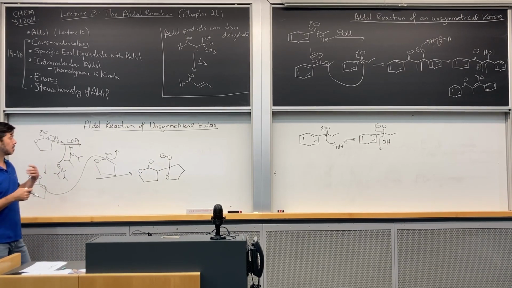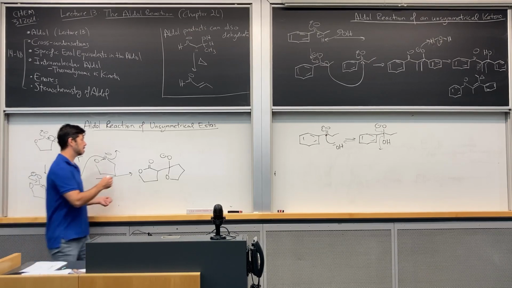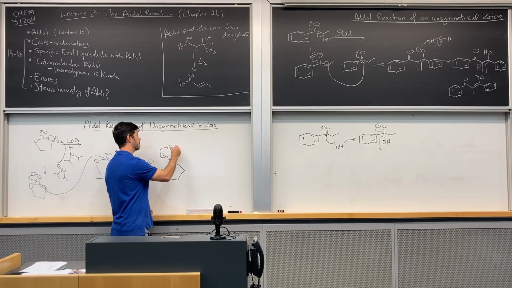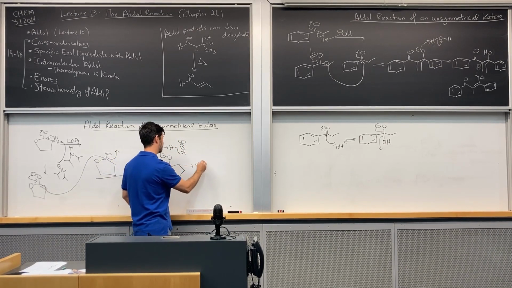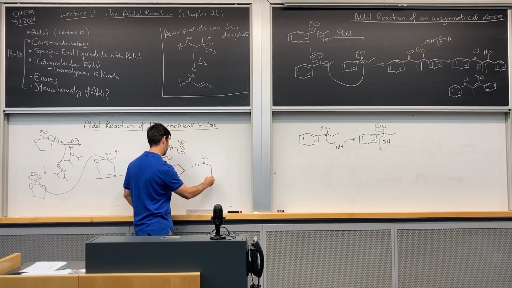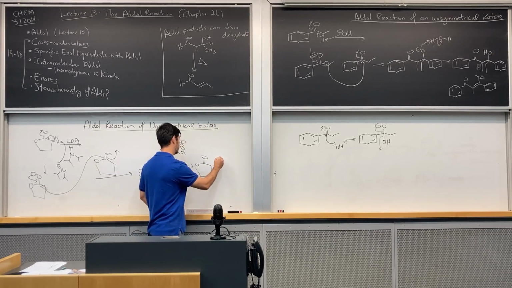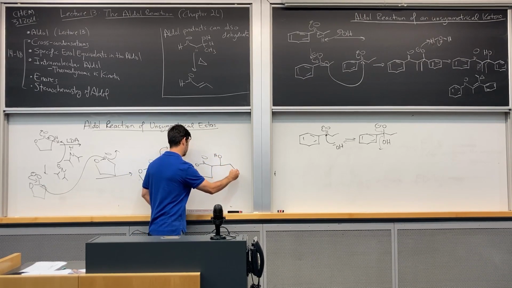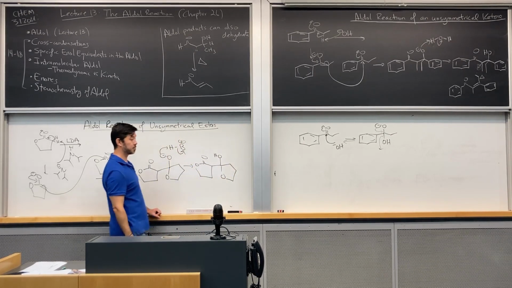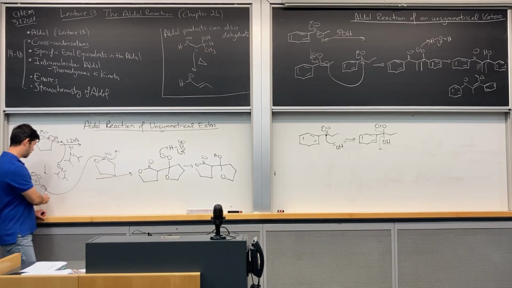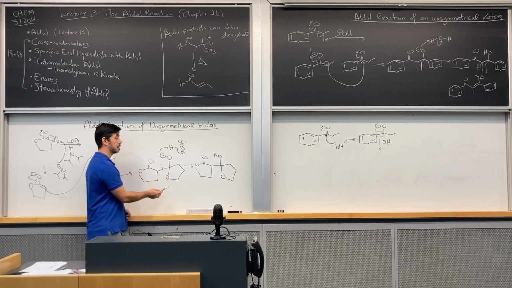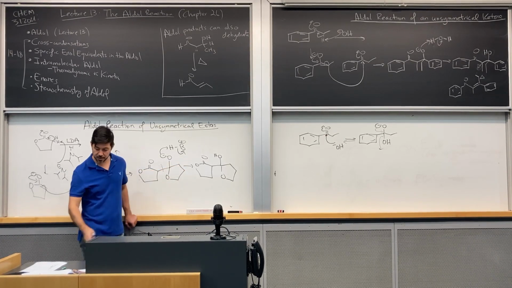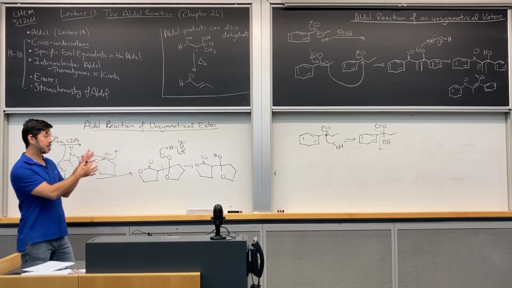And then this O- can pick up a proton from the conjugate acid to generate this, as I'm showing you here. Right, so understand that from here to here is your new carbon-carbon bond, right here. Then here we pick up the proton, and that would be your aldol product.